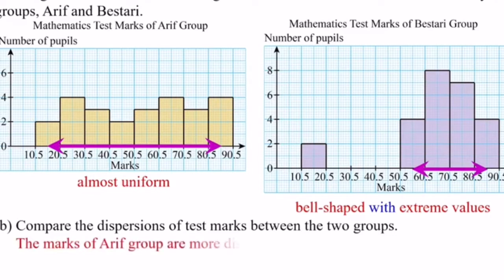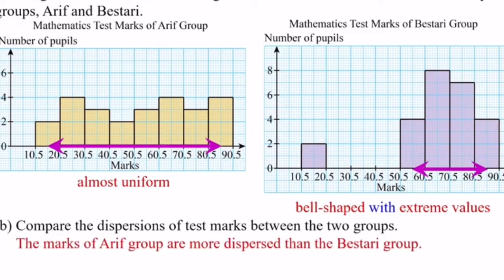So the marks of the Arif group, we can say, are more dispersed compared to the test marks of the Bestari group. More dispersed, or the dispersion is more.